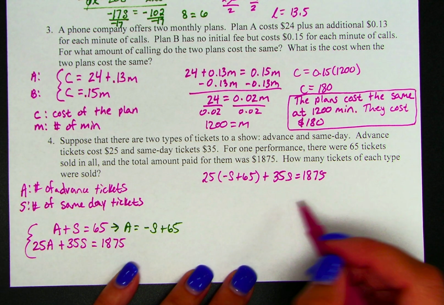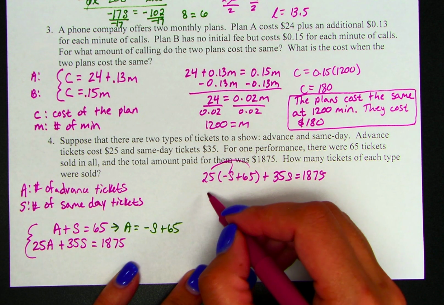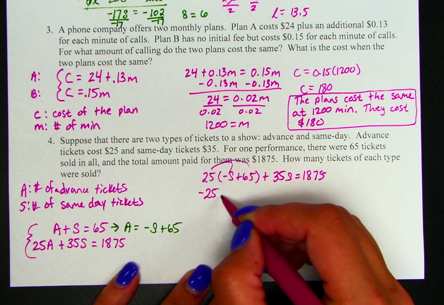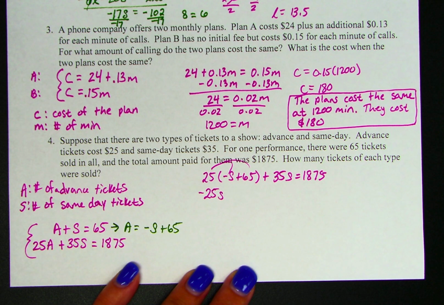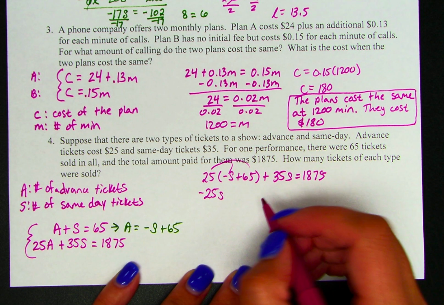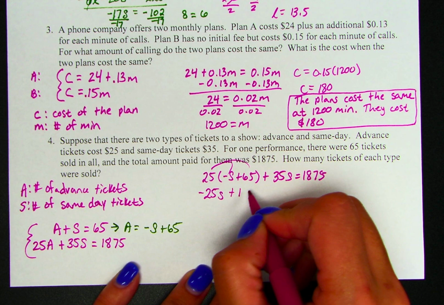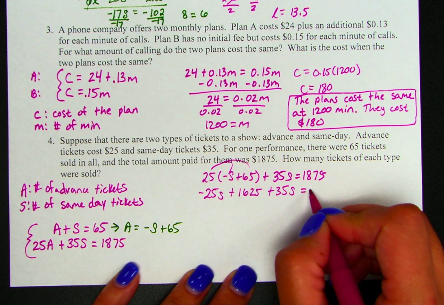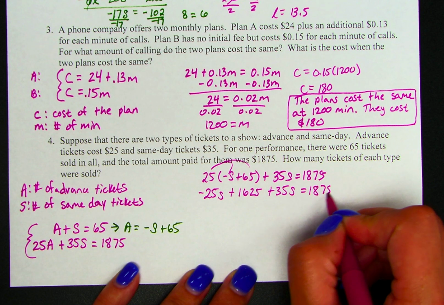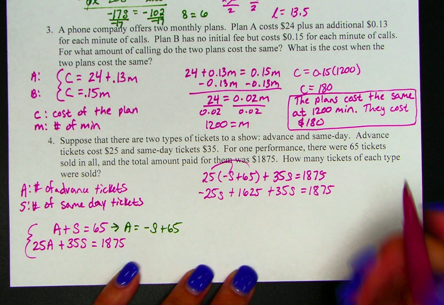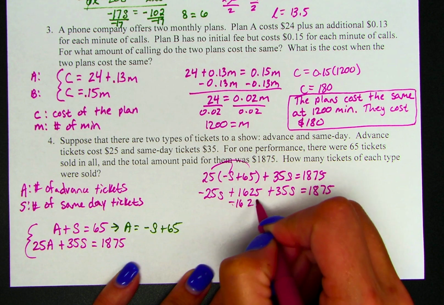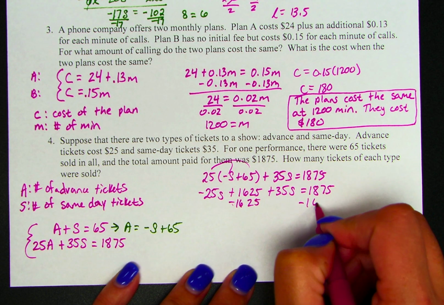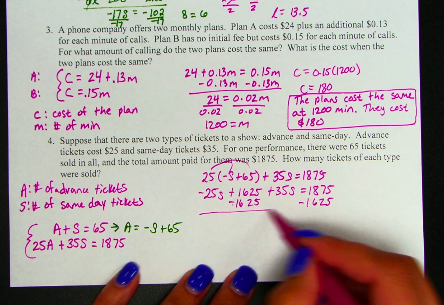Okay, so distributing, so negative 25S, and then 25 times 65 is 1,625, plus 35S equals 1,875. So I'm going to combine my S's, and at the same time, I'm going to subtract the 1,625 over.